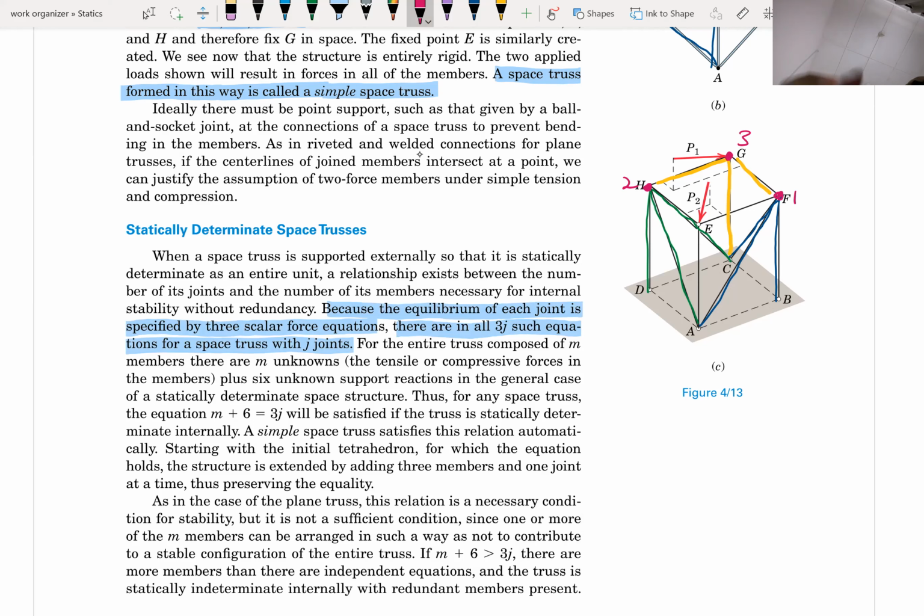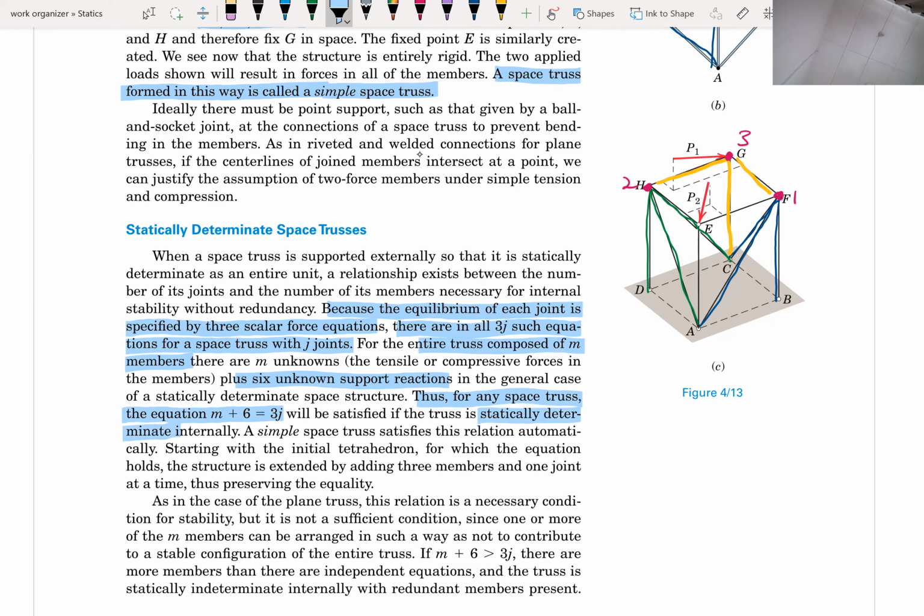And then the entire truss is composed of M members. And then there should be 6 unknown support reactions. And then thus for any space truss, the equation m plus 6 equal to 3j, we say that it is statically determinate.